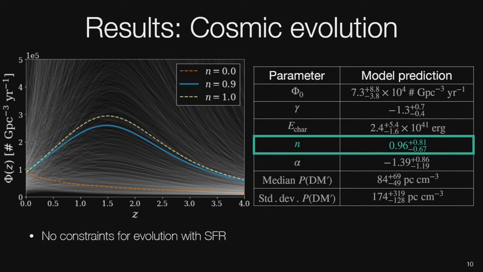While our value does appear closer to n equals 1 than n equals 0, if you look at all these allowable chains, I would say that our data don't hold much constraining power for this power law index n.